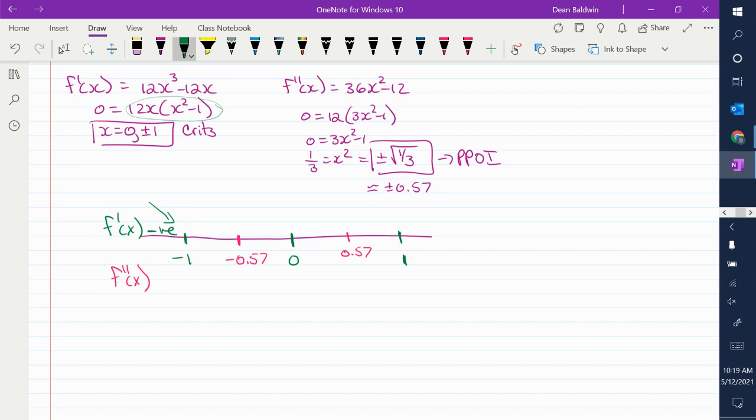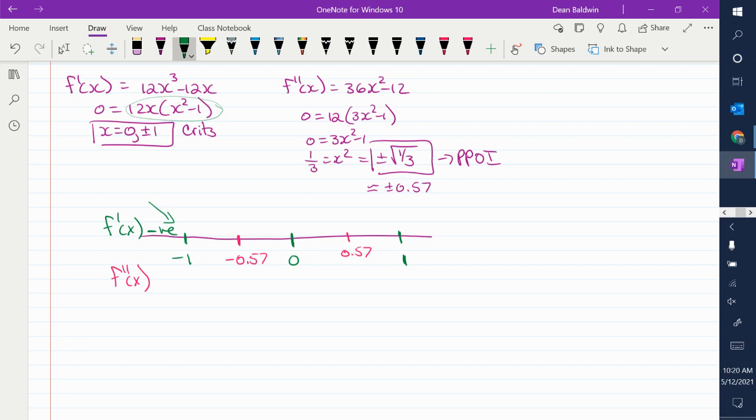Now I pick any number between -1 and 0. Ignore the 0.57, that is for the second derivative. In between the two greens, I can put -0.5. -0.5 times 12 is negative. -0.5 squared minus 1 is negative.